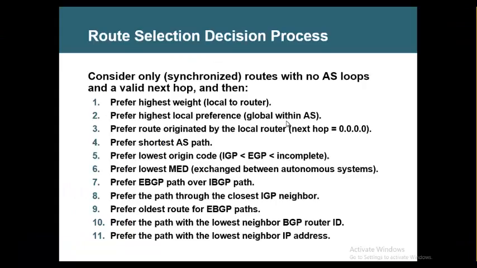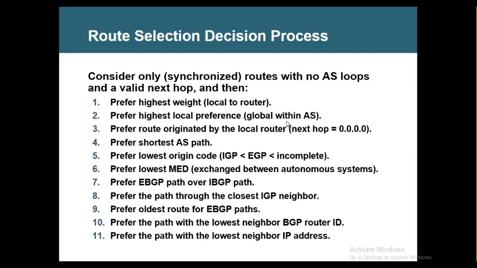We tuned with local preference. We have tuned with weight earlier. You know about attribute 3. It is local, advertised. And only when there is tie in all these 3, it will compare the AS path. So in case if AS path is same, like our scenario, it will compare the origin code.